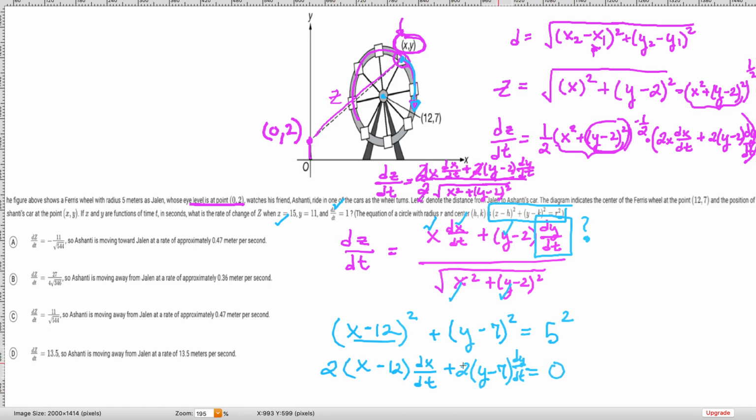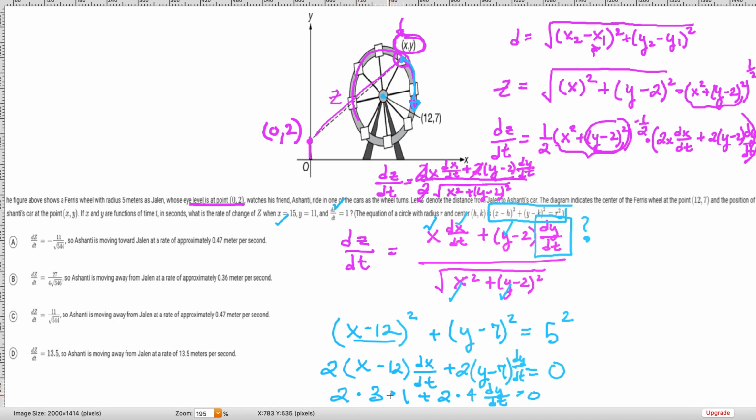Now I have everything in this, right? I have x is 15. So 15 minus 12 is 3, times 2. And dx/dt is 1, plus 2 times y is 11, 11 minus 7 is 4. And then I have dy/dt has to equal 0.